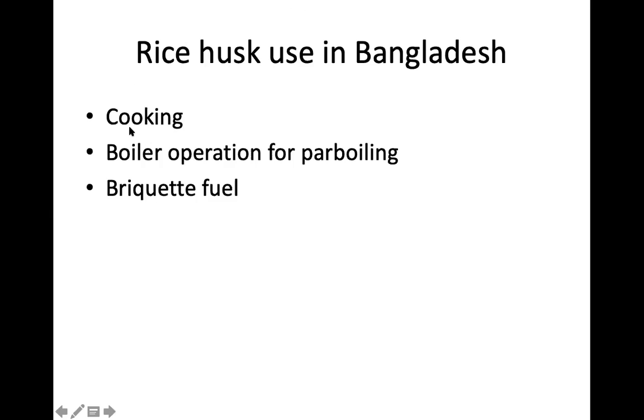Rice husk in the traditional way we use for cooking, boiler operation for the parboiling process, and briquette fuel. These three uses. Nowadays, people are thinking how they can use rice husk more scientifically.